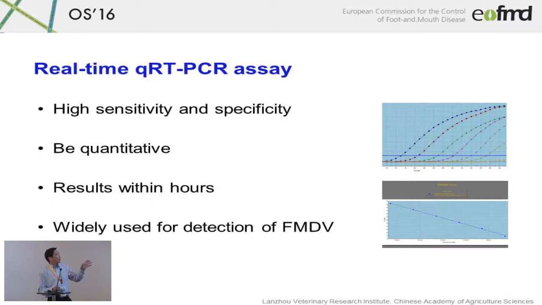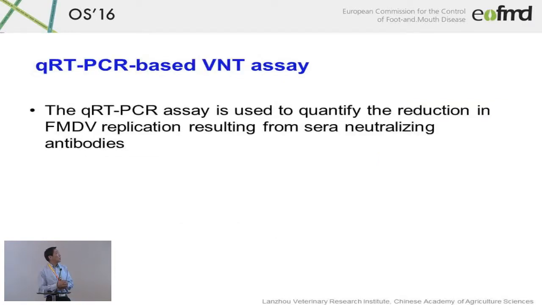Because of these good features, we want to use this technology to help us resolve some of the technical headaches inherited by the VNT test. That's why we tried to use RT-PCR to quantify the reduction in virus replication resulting from the neutralizing antibodies in the serum samples. That's our aim: whether we can use this assay to help us see the positive sample or negative sample.